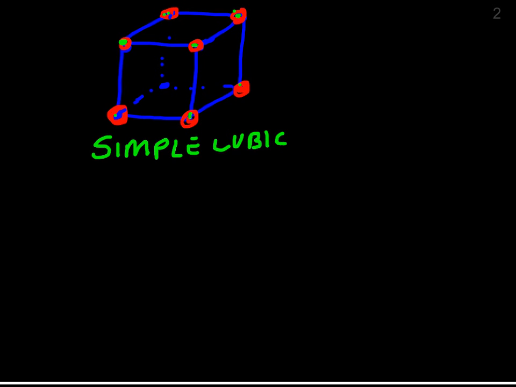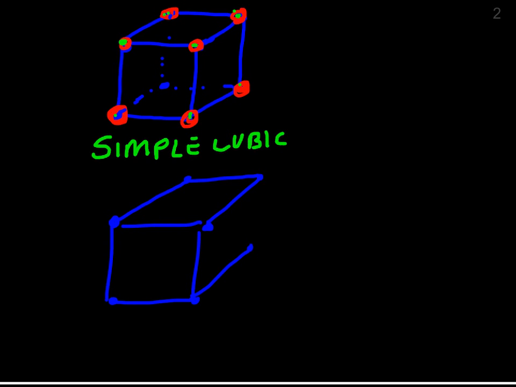Now the next one that I'm going to try to draw is going to look somewhat similar to the unit cell. I'm going to get these all up here, and coming down like that. But this one has an added ion right smack dab in the middle. There's still this one back here that goes up to there. Let's try that again.